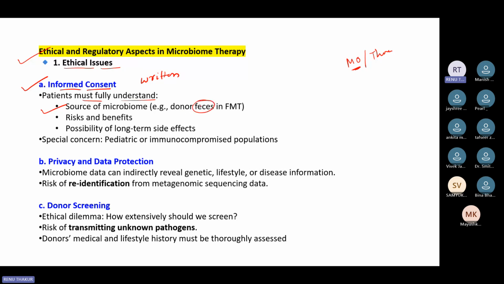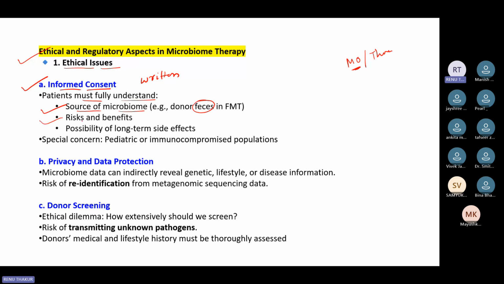You also have to reveal that you derived the feces from this donor, and you also have to provide all the biochemical results of that donor to the patient, because he or she has the right to view the reports of whatever donor feces he or she is transplanting. So you need to reveal everything to the patient, and mention the source of the microbiome, like this will be the donor of your FMT.